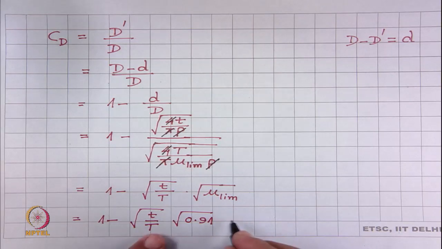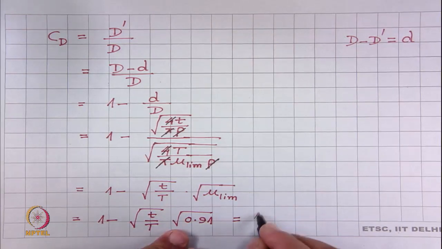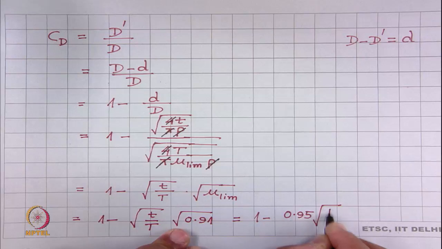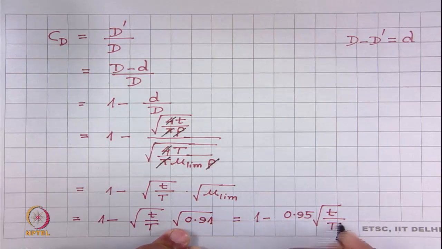This ratio you will see as 1 minus 0.95 into the root of small t by capital T.